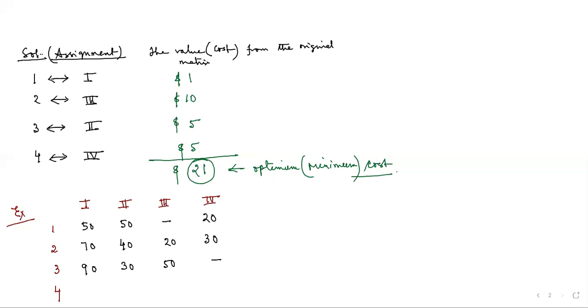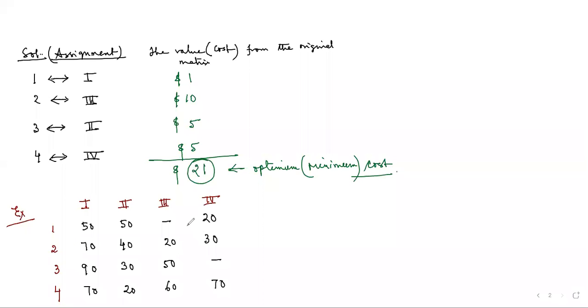And lastly, 70, 20, 60, 70. So we have got our matrix.